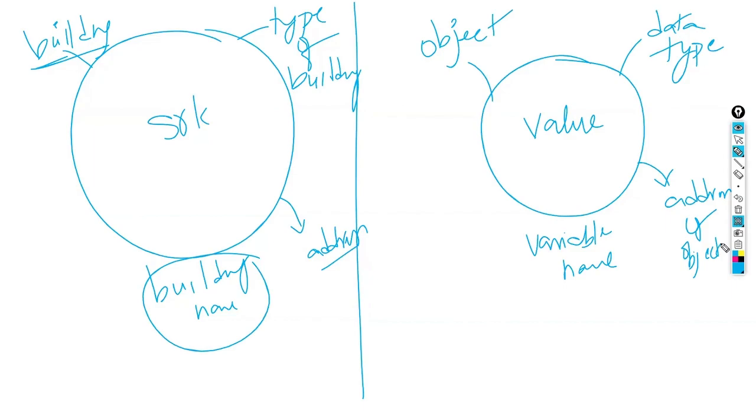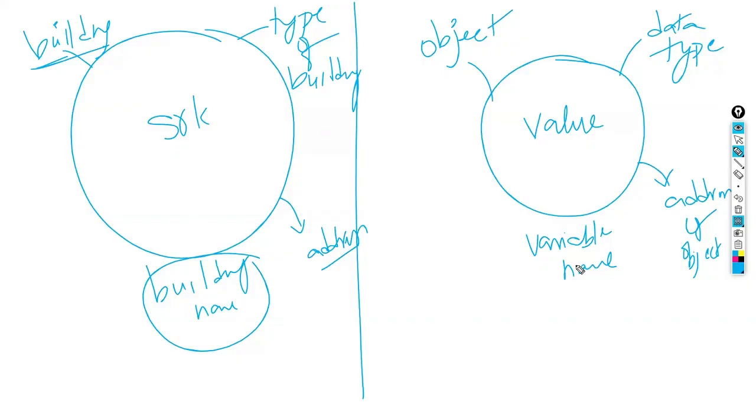So the building is called an object in Python. Inside that, values will be stored. Object means where you are having the values inside. Just as the building has a name, here also a variable name will be there, and an address will be there. Everything will be the same.